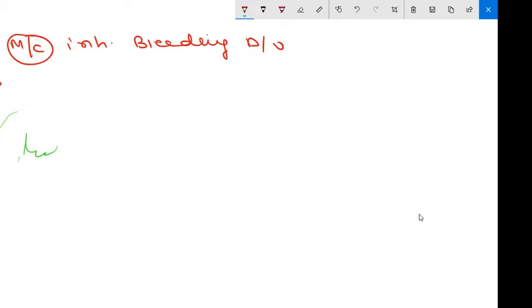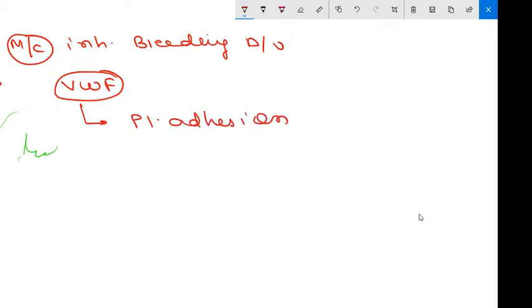Now, von Willebrand factor. First, we will talk about von Willebrand factor roles, then we will go into pathology. Von Willebrand factor has two basic roles. The first role is platelet adhesion: it acts as a bridge between exposed subendothelium and platelets.